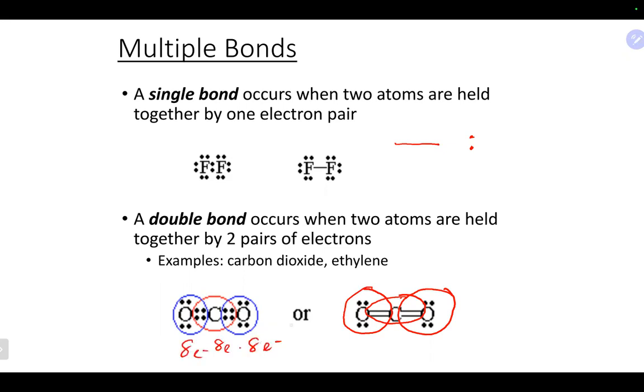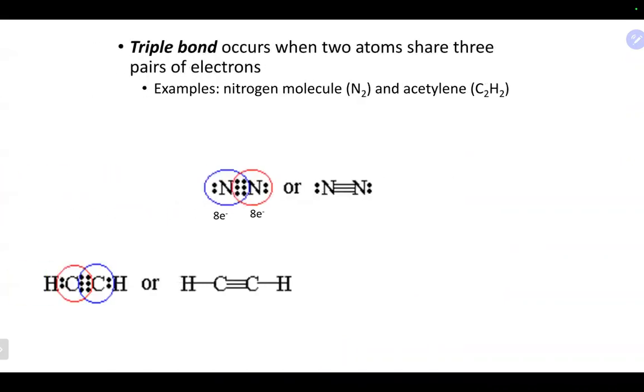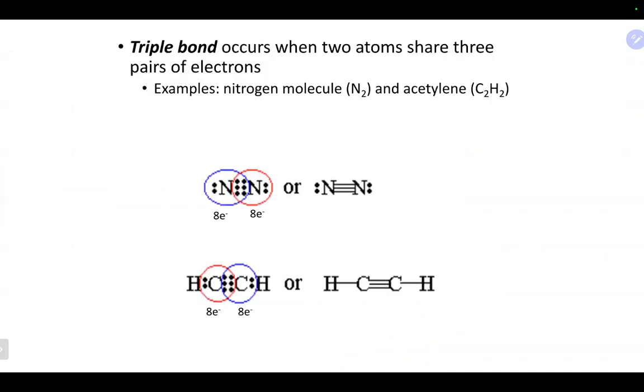In this case, they had to go to a double bond to do so. A double bond is represented by 2 lines, which represents 4 total electrons, or 2 pairs of electrons. And sometimes you do need to go to a triple bond to get yourself to a good situation.